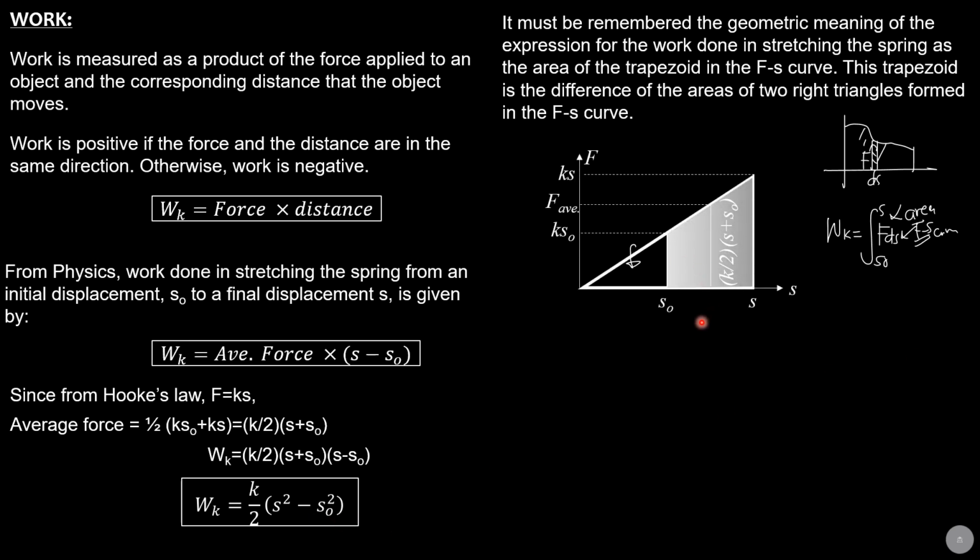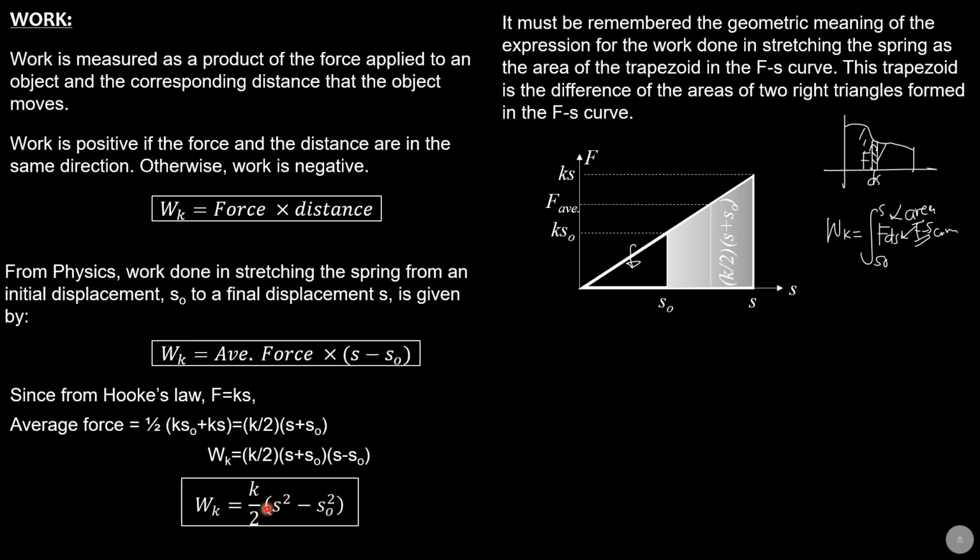So let me explain that. So this is SO, and therefore this force here is KSO. And if this is S, this force here is KS. So the work done by the force in stretching the spring from SO to S is represented by the area of this trapezoid. And this trapezoid is the area of the big triangle minus the small triangle. This is the big triangle. The area is 1/2 S times KS, so 1/2 KS squared.